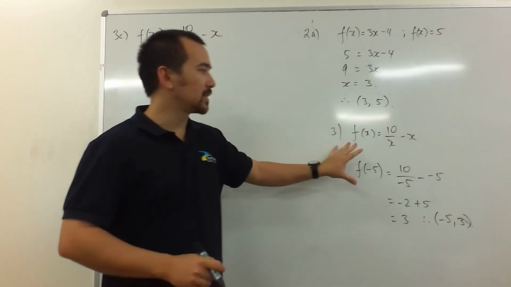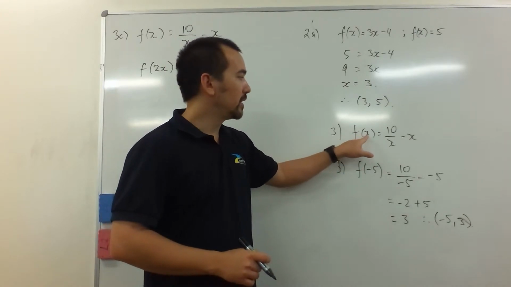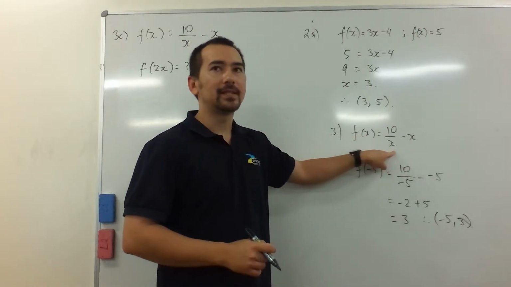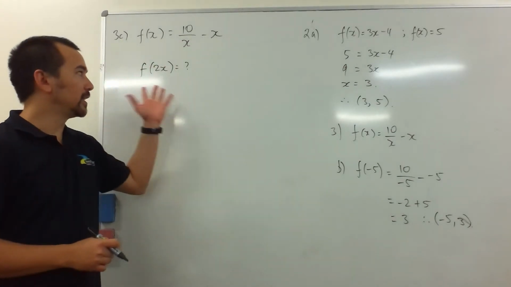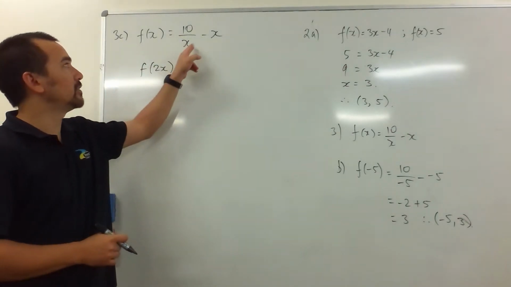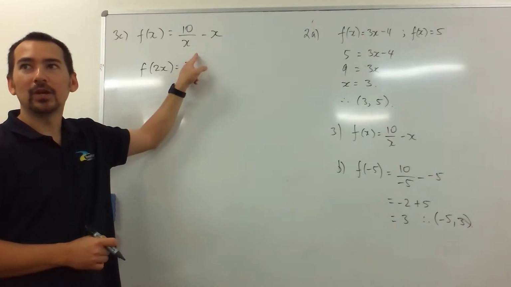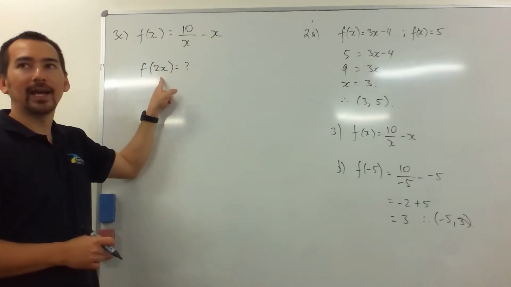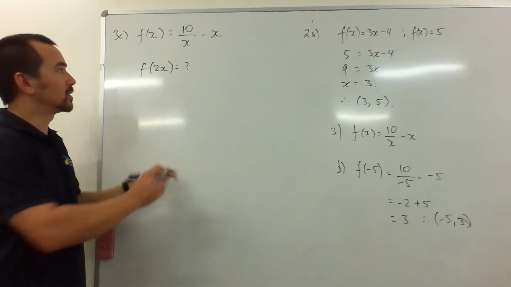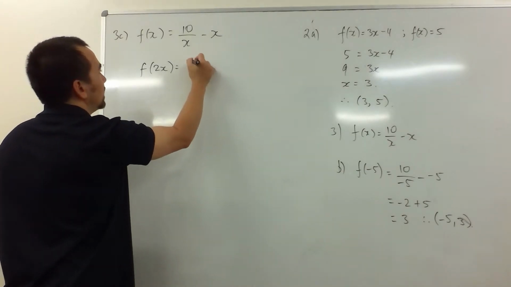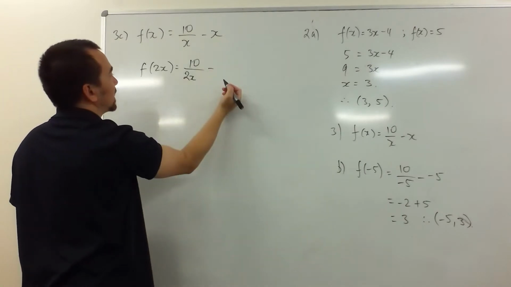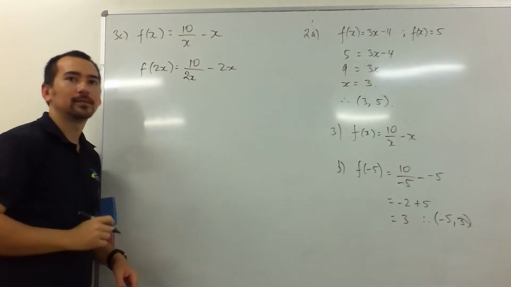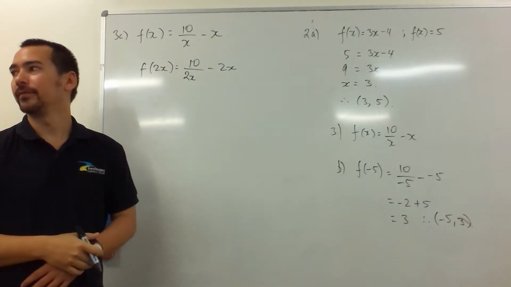Well, what did we do in this case? Whenever there was an x, we substituted the negative 5. So over here, same concept. Wherever there's an x, what are we going to substitute? We're going to substitute 2x. And this is what it'll look like. 10, instead of over x, now over 2x. And instead of subtracting x, we're going to subtract 2x. That's it. That's all you have to do.